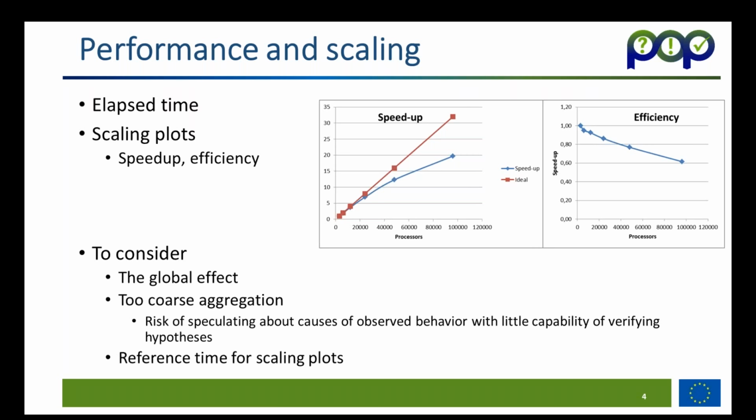The issue with these metrics, although they are really the real numbers of what we want to get and what we really get, is that the plots or the metrics are in themselves very coarse aggregates of the actual behavior of the programs. And often it is difficult to identify from these plots the real fundamental causes of the issues our program may have.